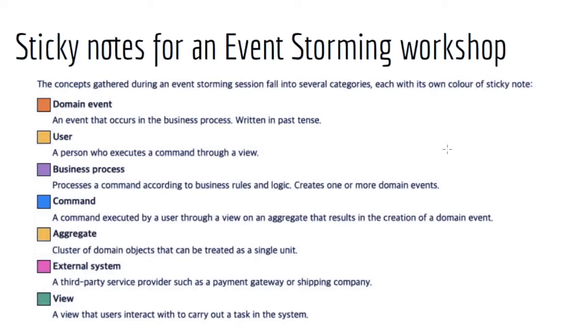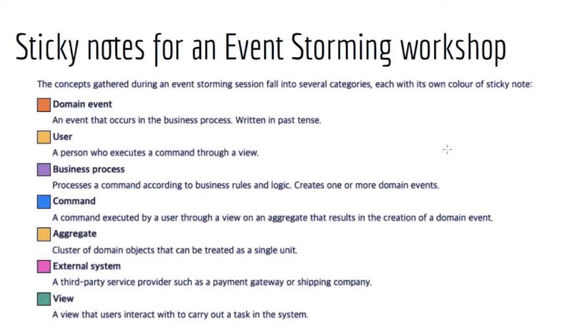And then you can see a light orange color note, right? It means a user. So a user means a person who executes a command through a view. And then the lilac color sticky note presents a business process. So it is a process, a command according to the business rules and logic.